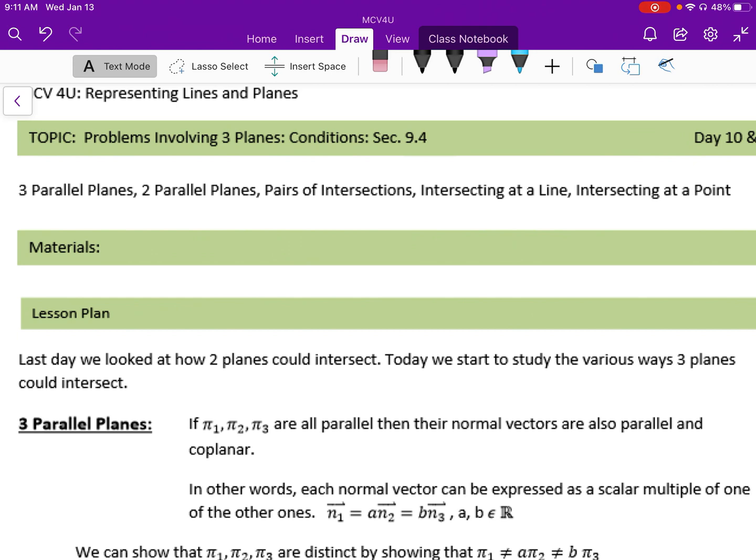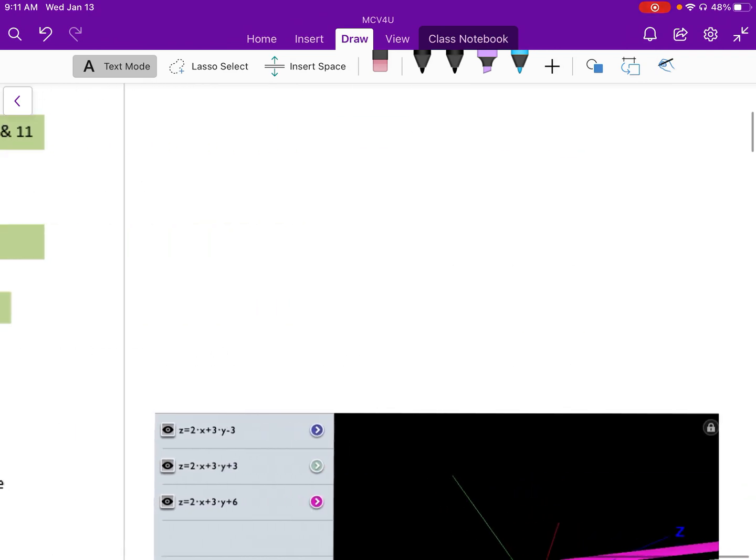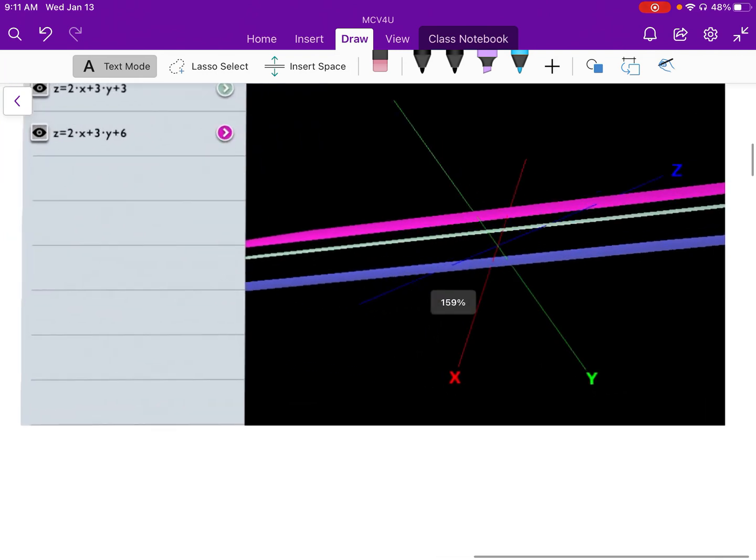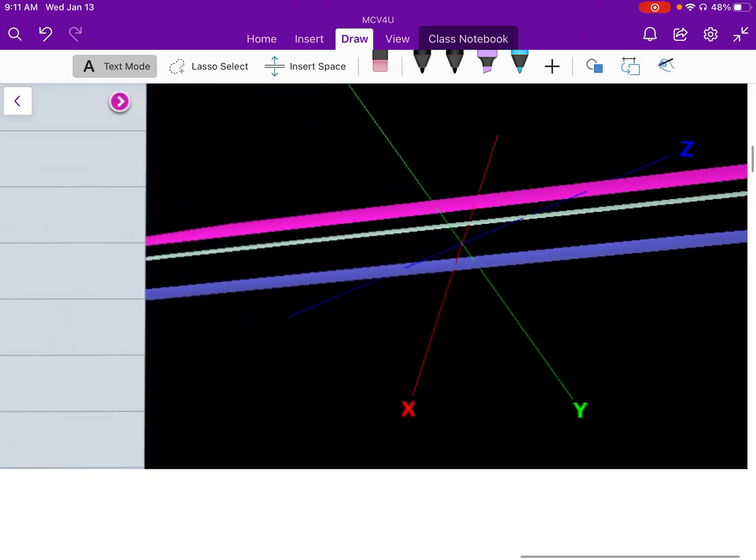So with these, we're going to start. As I said, there are five different situations that you could have with three distinct planes. The first thing, and I'll show you here on the side, is if you look at the pink and the light green and the purple here, those are planes shown on the edge. These are parallel planes, so you can have three parallel planes.